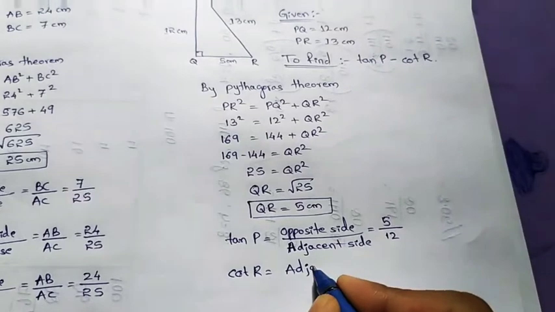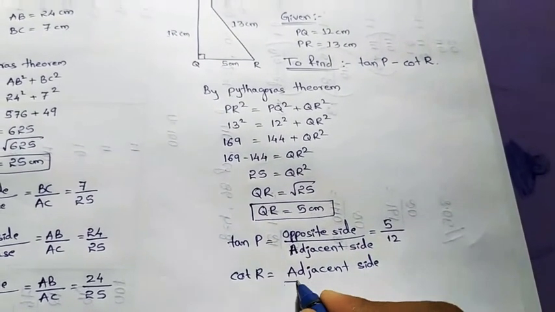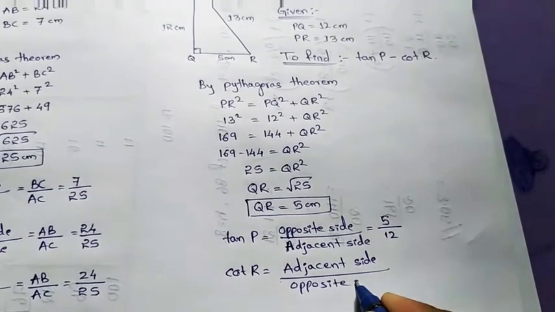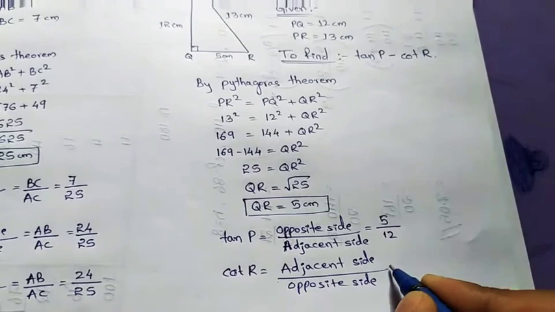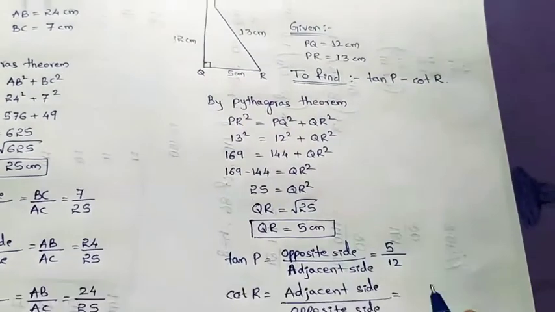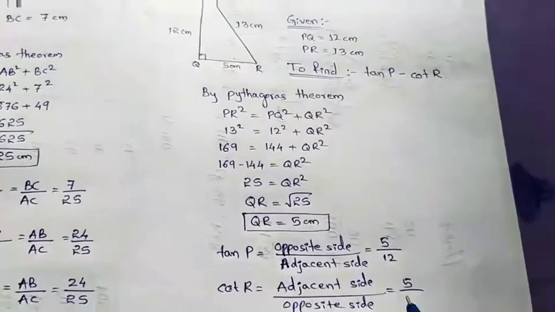Adjacent side by opposite side. For R, the adjacent is 5 and the opposite is 12.